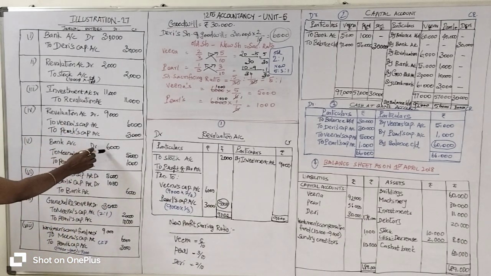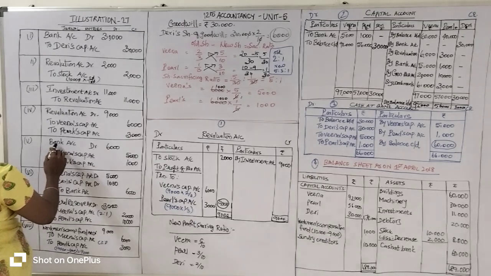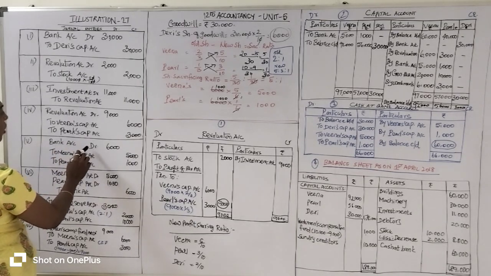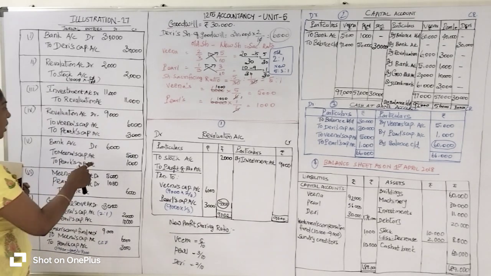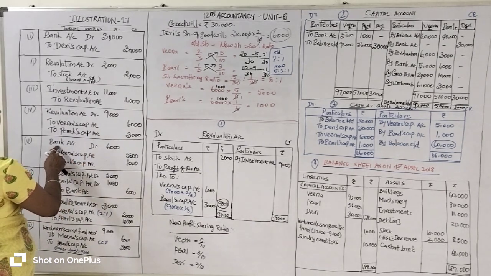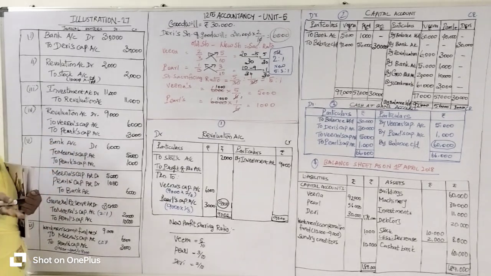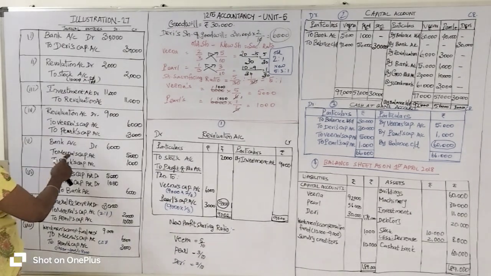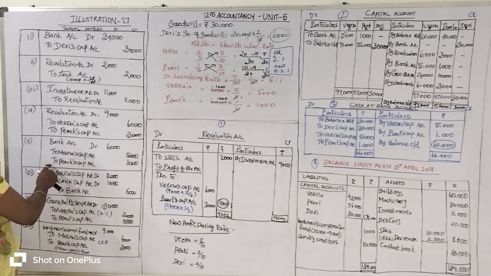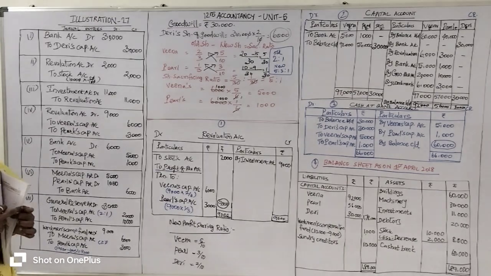Bank account debit 6,000 rupees to the old partners' capital accounts: Meena's capital account 5,000 rupees and Pearl's capital account 1,000 rupees. Why do we write bank account debit here? Because the new partner brought 6,000 rupees. We enter bank account debit in the journal entry, and it is immediately transferred to the old partners' capital accounts in their sacrificing ratio. So Meena's capital account gets 5,000 rupees and Pearl's capital account gets 1,000 rupees from the new partner's share of goodwill.